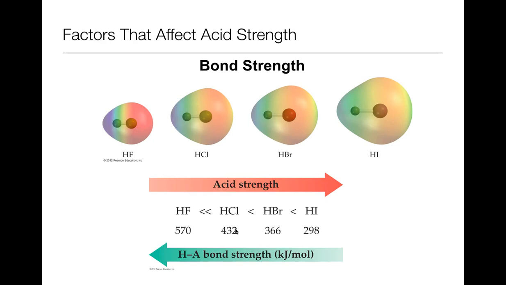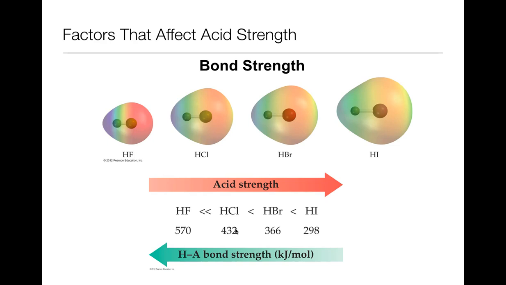So what we notice about acid strength is that it goes up as the electronegativity between the hydrogen and its conjugate base increases. In this case, all of these are halogens, right? As that HA bond strength goes down, that's saying, if you have a high HA bond strength, the bond enthalpy between H and F is very strong compared to something like HI, which is a little bit weaker.